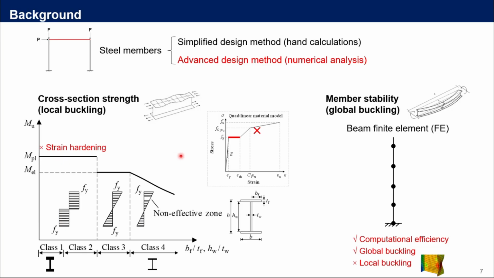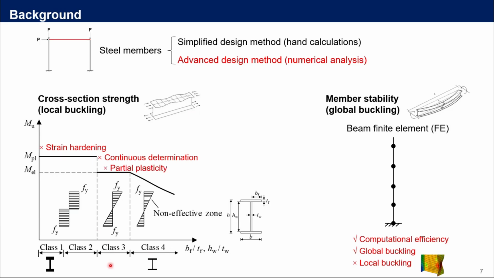For example, according to the cross-section classification concept, the design resistance is limited by yield strength. So for stocky cross-sections, the strain hardening effect cannot be considered in the design. And also these artificial steps lead to a discontinuous treatment of the local buckling effects, which doesn't reflect the real structural behavior.